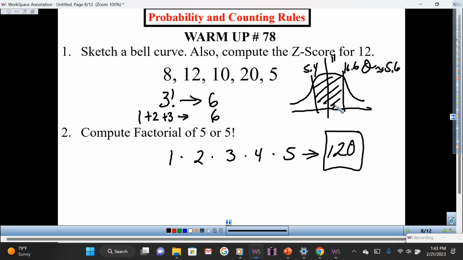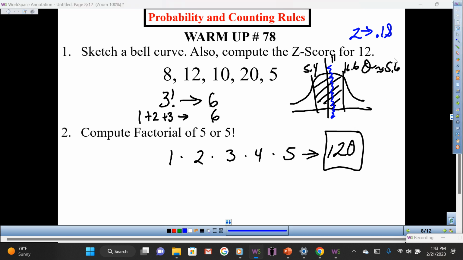That's our average range. And z-score for 12. Eric. 0.18. Have you got something like that? Looks about right. So 0.18, somewhere around there. So far so good, yes?